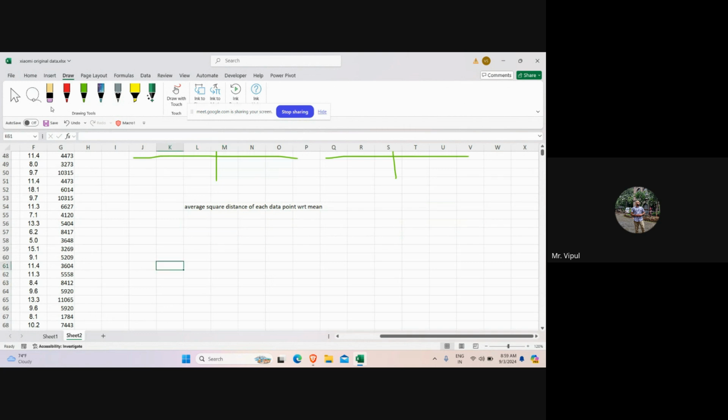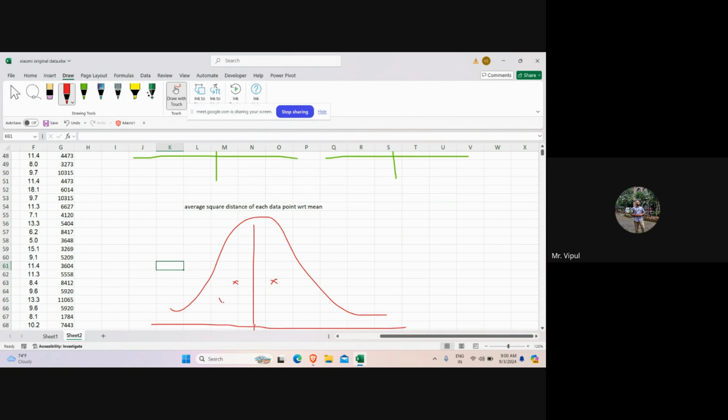So what we do is, suppose you have data points. This is data point number one, this is number two, this is number three, right?